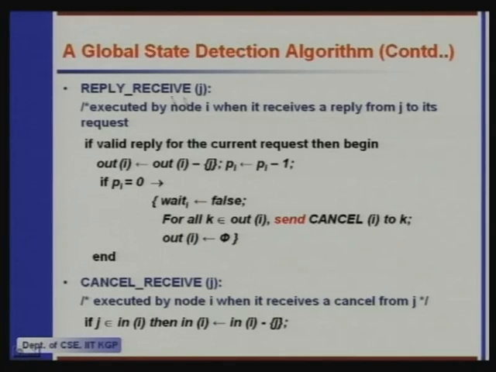Reply receive j is executed by node I when it receives a reply from j to its request. So it first checks whether this is a valid reply for the current request.